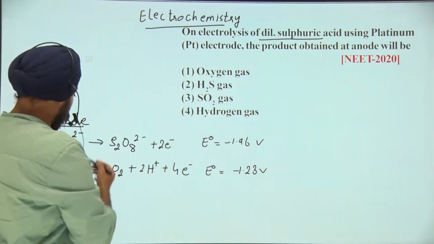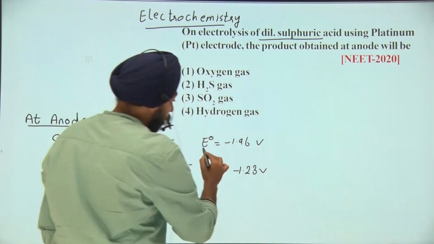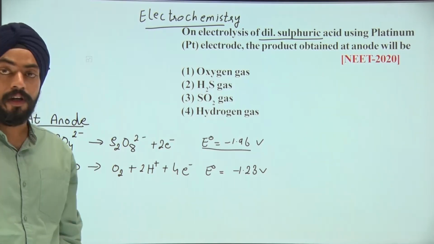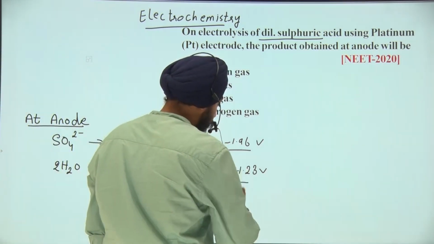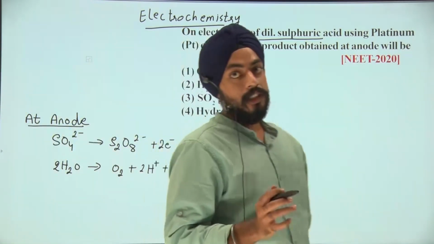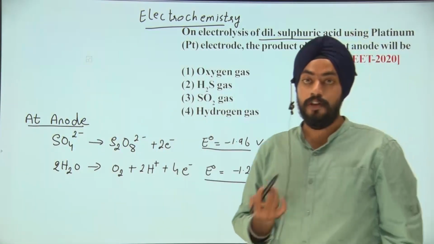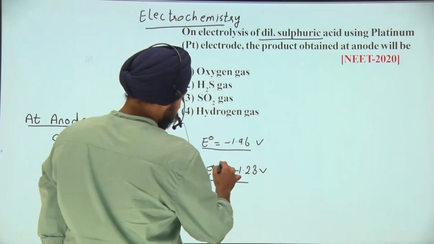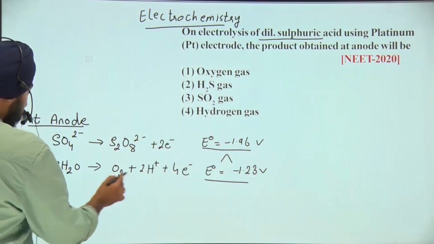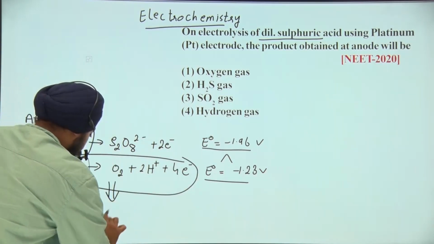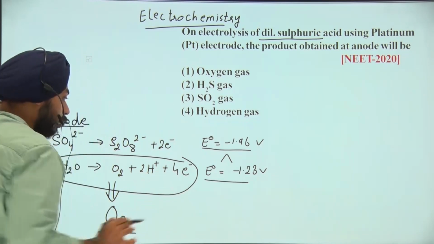Students, for the oxidation of SO4 2-, the E0 value is -1.96 volt, and for the oxidation of water, the E0 value is -1.23 volt. The product at the anode will be that which has the higher value of SOP, that is standard oxidation potential. So the higher oxidation potential is for water. So water will get oxidized over here, and the product at the anode will be oxygen.